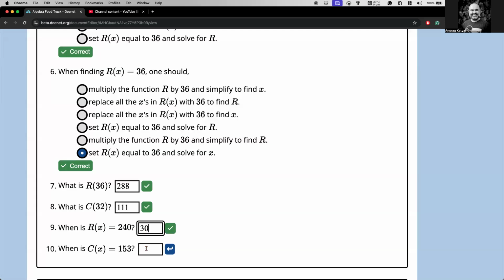Okay, if the cost is 153 bucks, what can you find? What can we work our way back to? 15 plus 3x, or 3x plus 15.